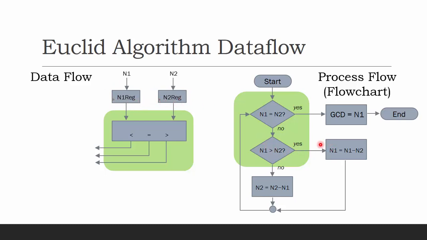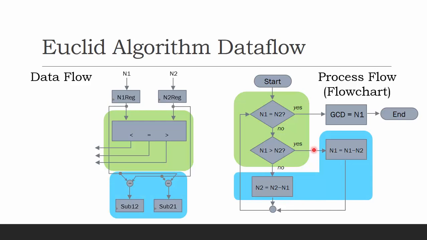So these two processes are subtraction. We need subtractors like that. So let's say if N1 is larger than N2, we are going to subtract N2 from N1. Otherwise, we are going to subtract N1 from N2. You can trace the line that this one is from N1, and these two lines in the middle are from N2.